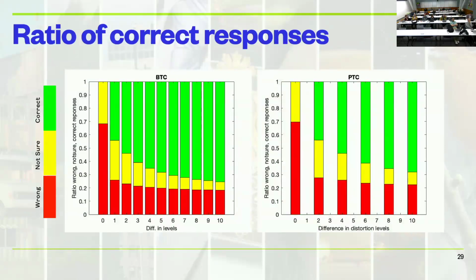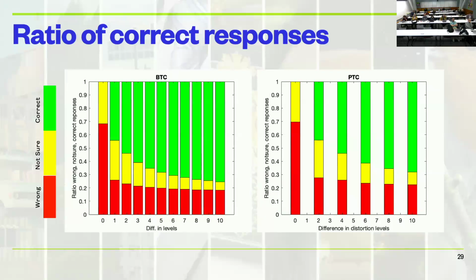So first, the ratio of correct responses. So here you can see how this works for the boosted triplet comparisons and the plain triplet comparisons. So red means the wrong answers, green is the correct answers, and yellow is the not sure responses. And down on the horizontal axis, this is the difference in distortion levels.